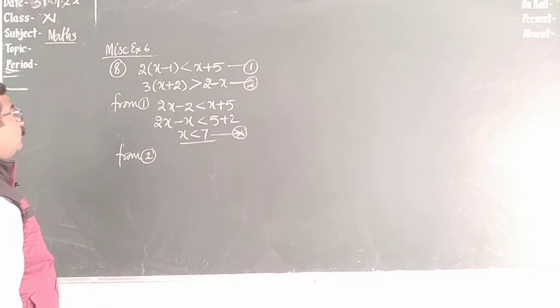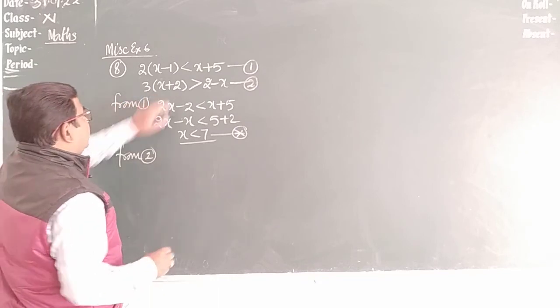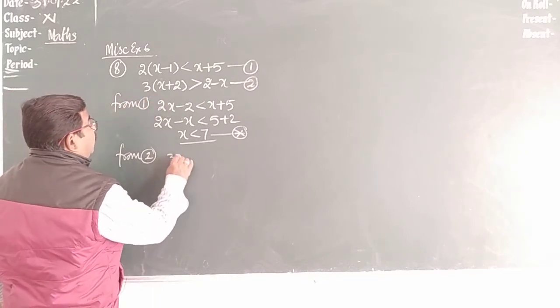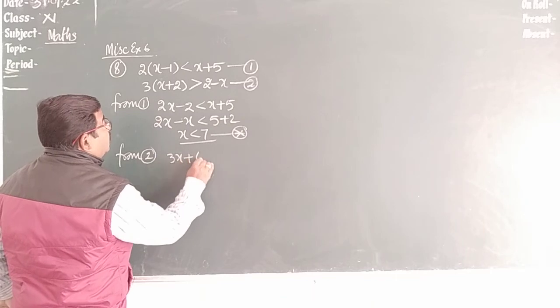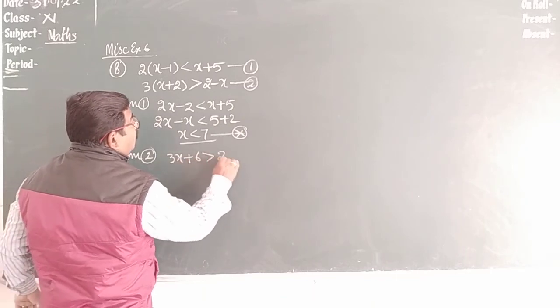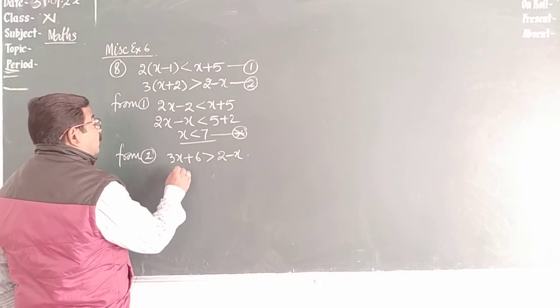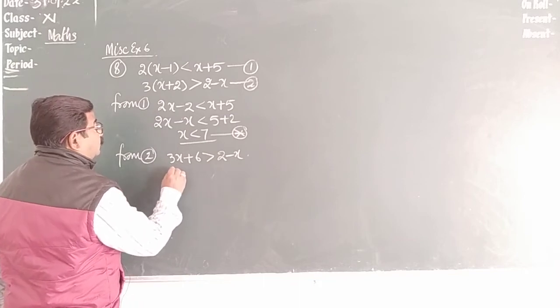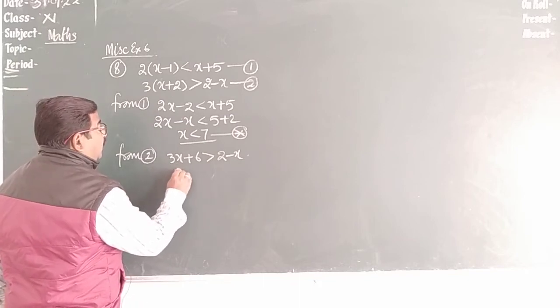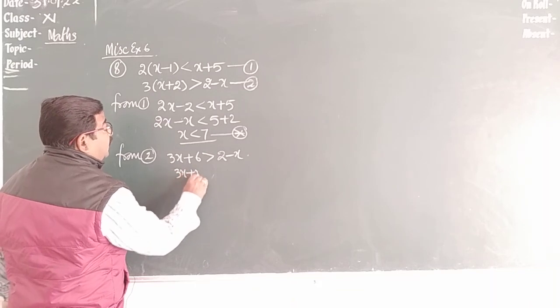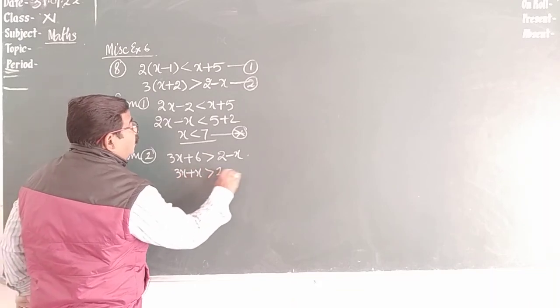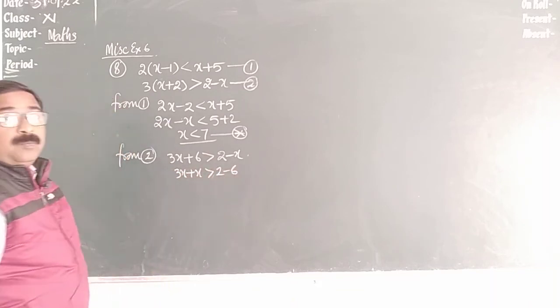From 2, multiply this by 3. We have 3x plus 6 is more than 2 minus x. Bring this x to this side. So we can write 3x plus x is more than 2 minus 6.